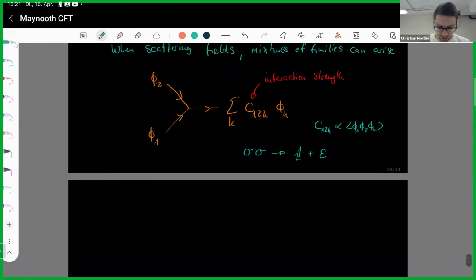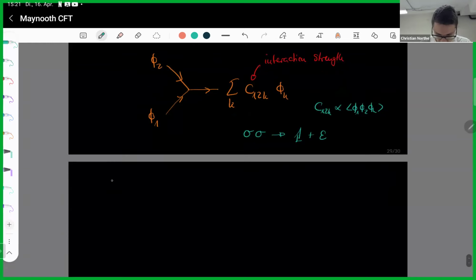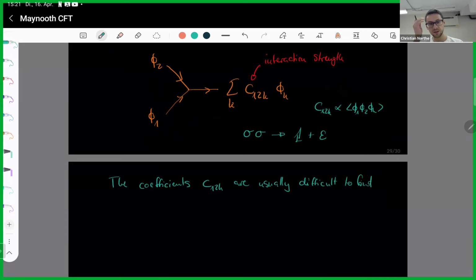In general, the coefficients C1 to K are usually difficult to find, but they're very important. When we say we have solved the conformal field theory, we usually mean that we have access to these coefficients.